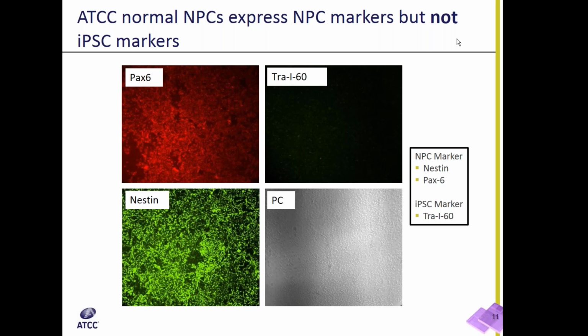These neuroprogenitor cells were incubated in ATCC expansion medium as mentioned earlier. As you can see, the ATCC neuroprogenitor cells express nestin and PAX6 and lacked expression of TRA160. So, according to our phenotypic criteria, we have good neuroprogenitor cells.